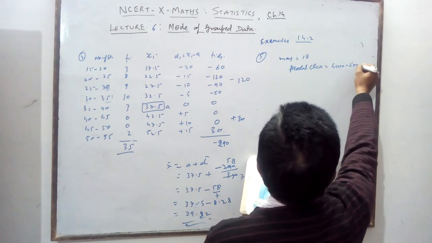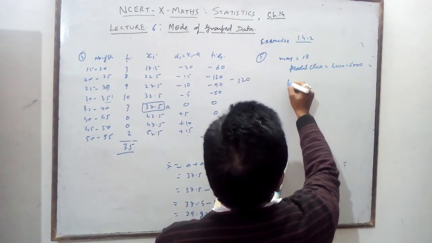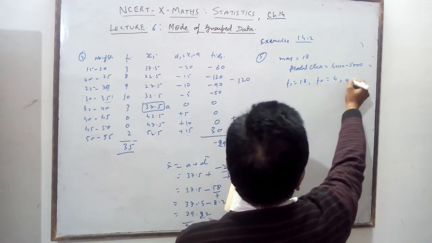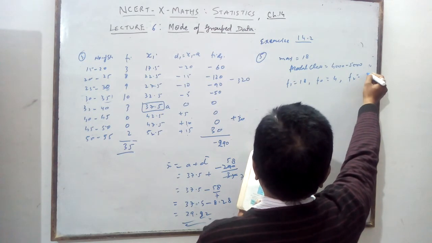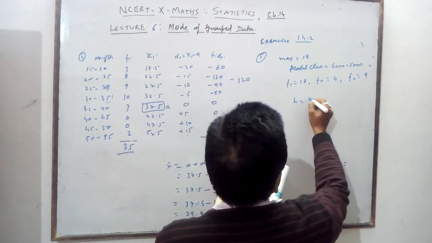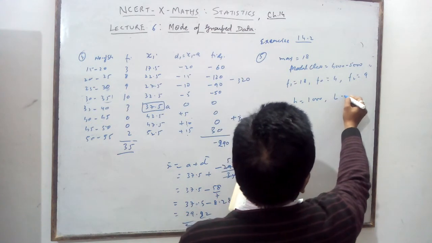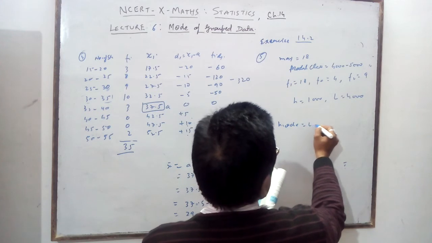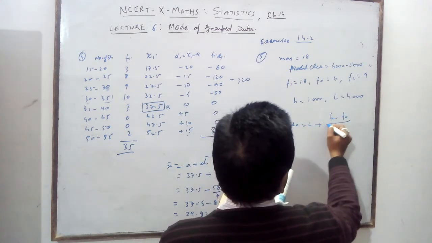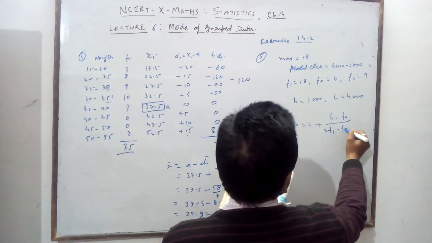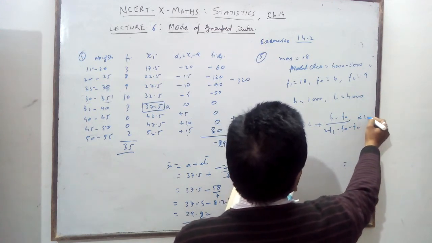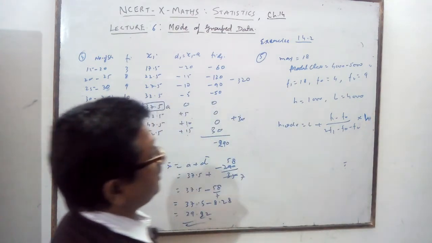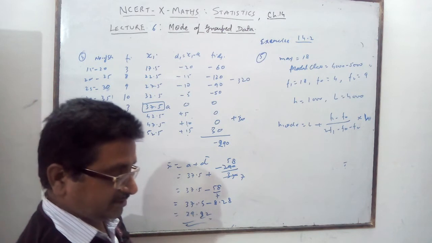F1 is equal to 18, F0 is equal to 4, F2 is equal to 9. H is 1000, L is equal to 4000. So mode is equal to L plus F1 minus F0 upon 2F1 minus F0 minus F2, into H. H means 1000. You will calculate that. Question number 5 is very simple.